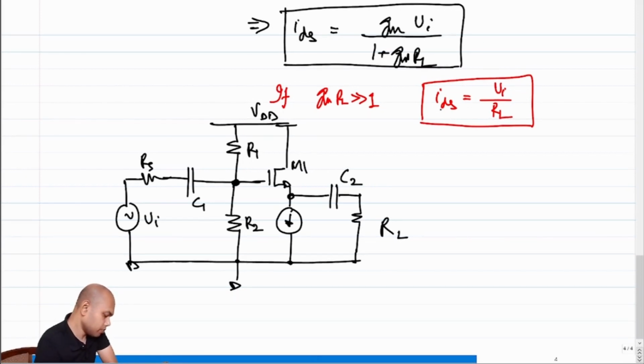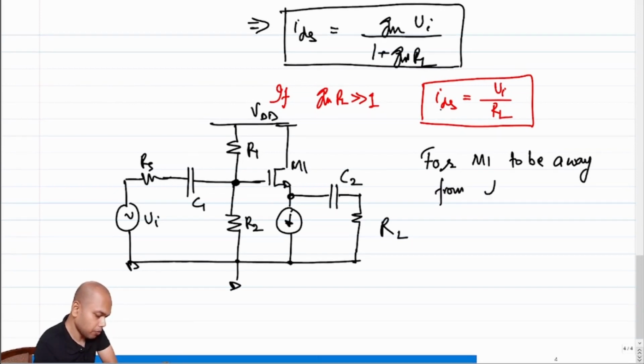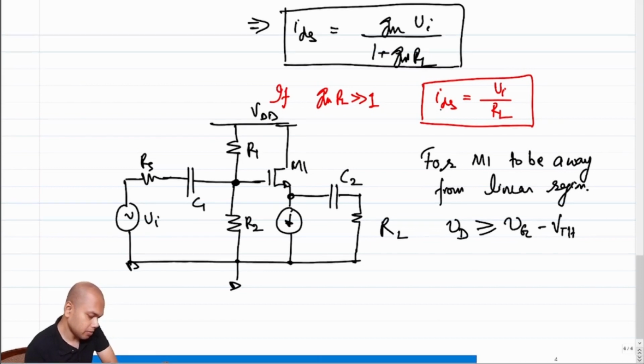So for M1 to be away from the linear region, what is the condition? The condition is that total drain voltage has to be greater than or equal to total gate voltage minus threshold voltage, correct?